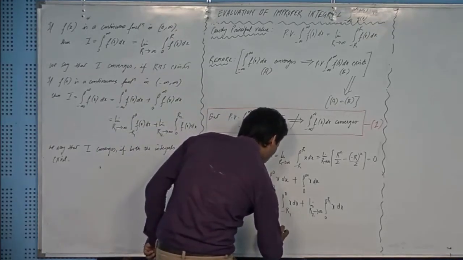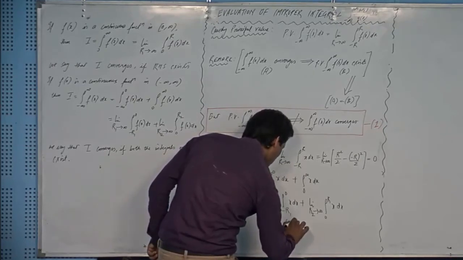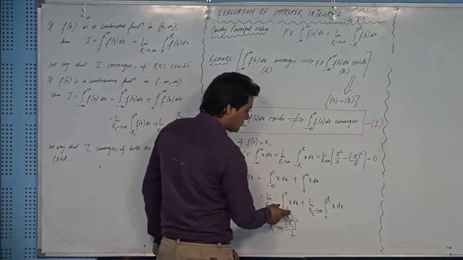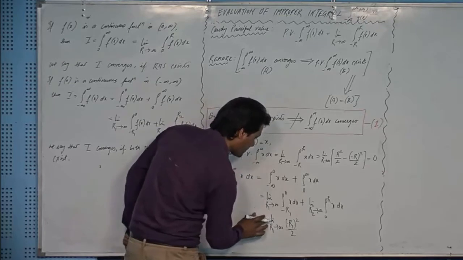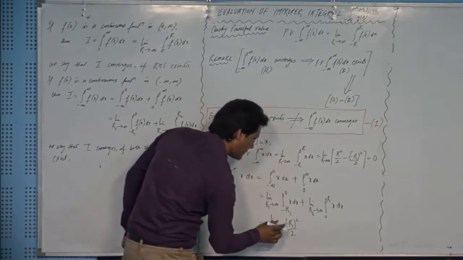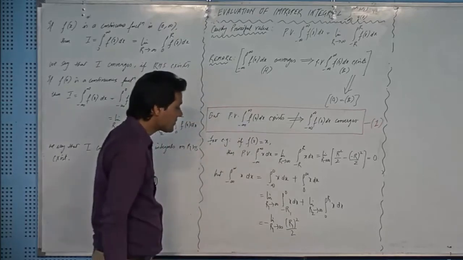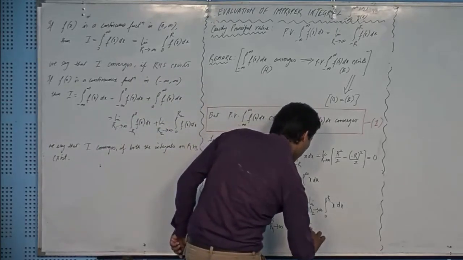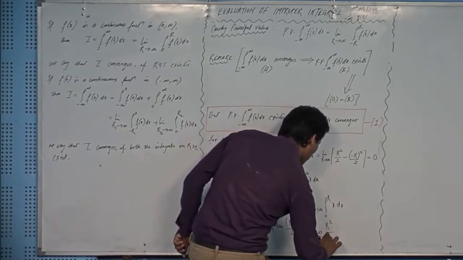Limit R1 tends to infinity, you will get minus R1 square by 2. And I think negative sign will be there because x square by 2, this is a lower limit, so we will have minus sign here, and there is no need to write this minus because negative minus R1 square is equal to plus R1 square. And for this we will have limit R2 tends to infinity R2 square by 2.